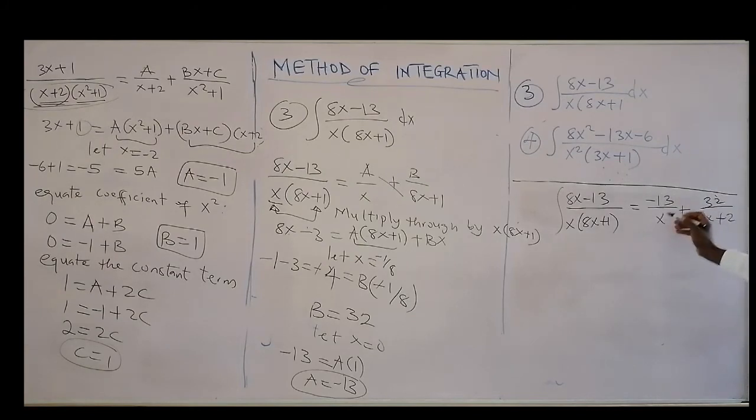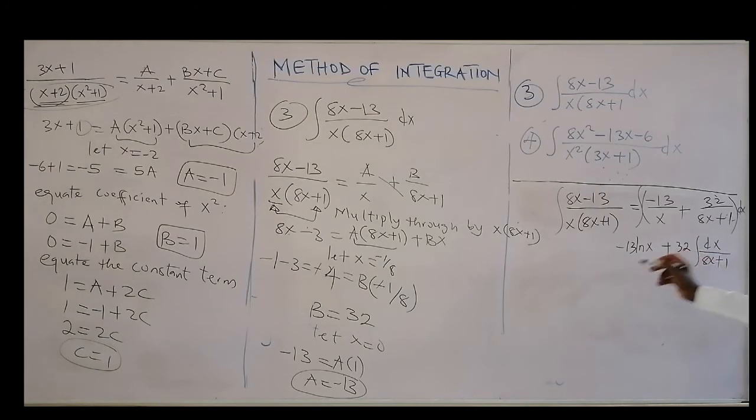So this will be equal to minus 13 ln x. Then 32 can go outside the integration, 32 integral of dx over 8x plus 1.